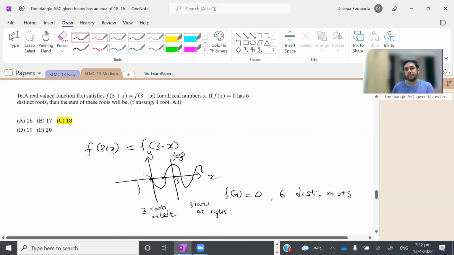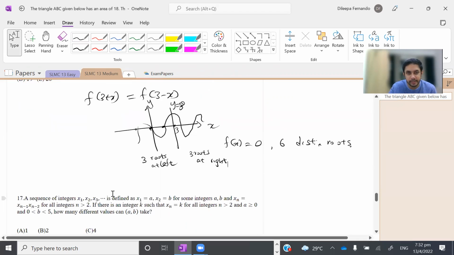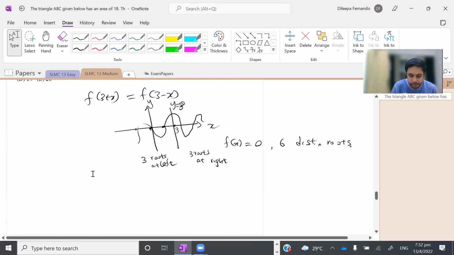And since this is symmetric, each root can be written in the form of either 3 minus, let's say, the first pair of roots, 3 minus x1, 3 plus x1. So let's say this is x1, this is 3 minus x1, this is 3 plus x1.